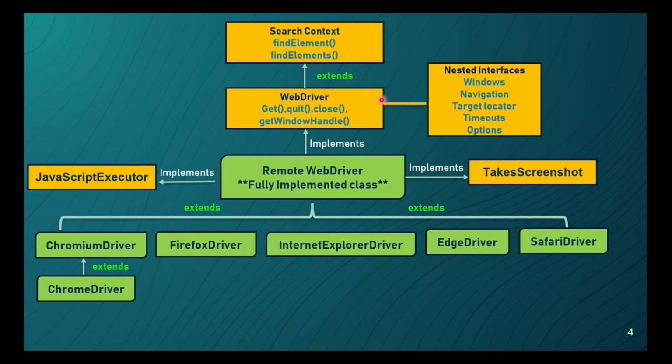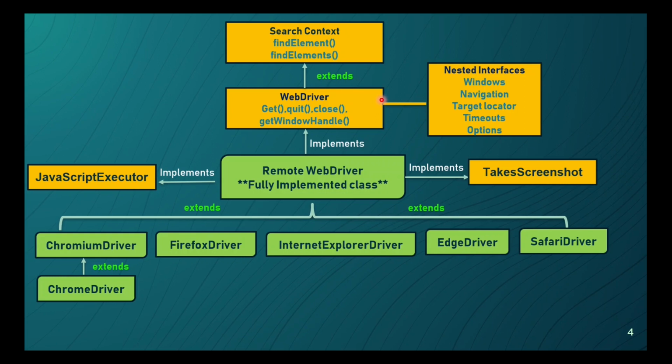Apart from this, it also has the other methods like the get method, the quit method, close, get window handles, and many other methods. Okay, so all these are abstract methods that have only a body and there is no implementation. And so these are the topmost root interfaces.